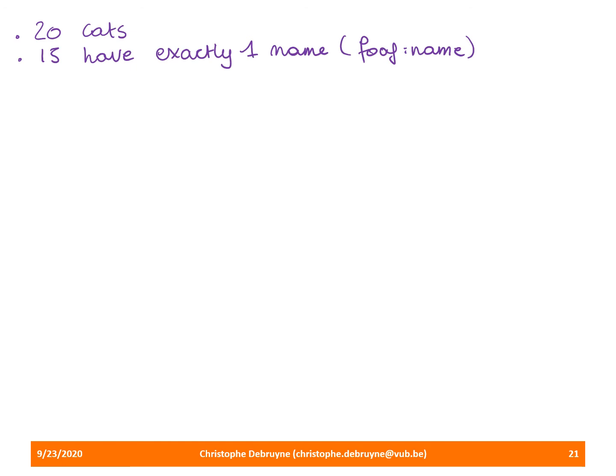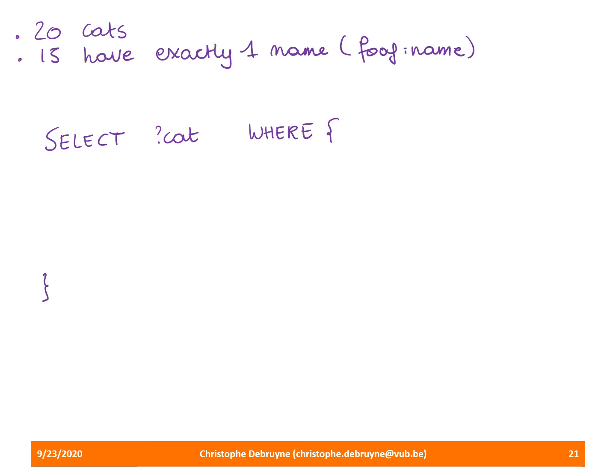Okay, assume that I want to retrieve all instances of cat. Well, how do I go about doing this? Well, I will select a variable and I will give it a meaningful variable name, cat, where, and then I have my query pattern.